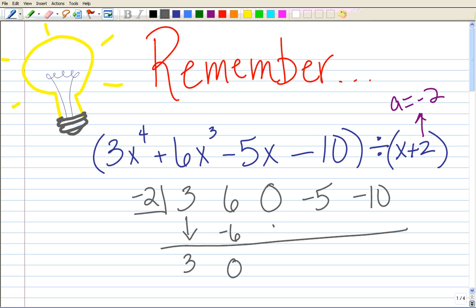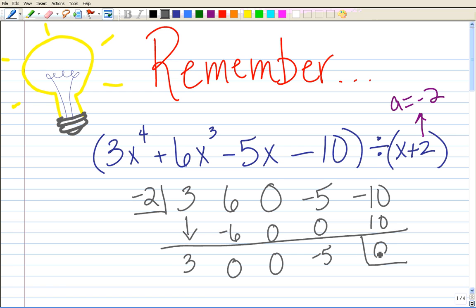0 times -2 is 0, plus 0 is 0. Again, 0 times -2 is 0. But plus -5, we get -5, and -5 times -2 is 10, and 10 plus -10 is 0. This last number is our remainder, which here is no remainder at all.